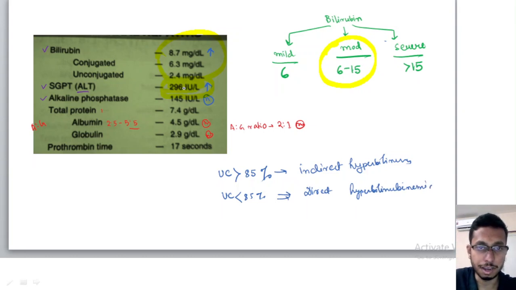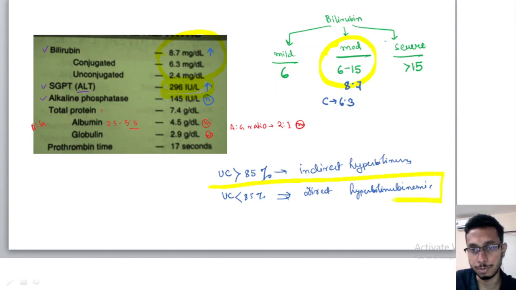Here you can find total bilirubin is 8.7 with conjugated of 6.3. So what we are dealing with is a condition of direct hyperbilirubinemia.